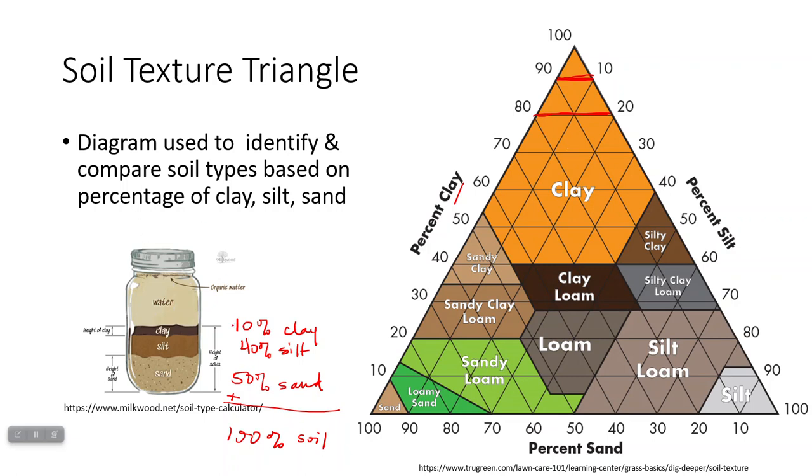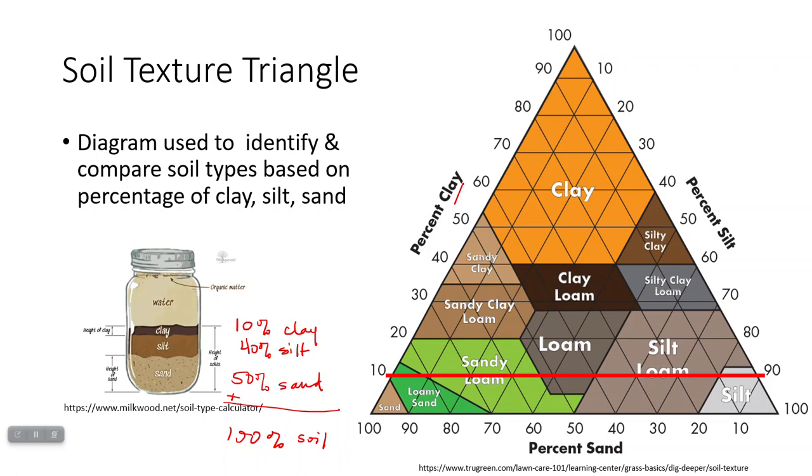And then I am going to erase that because we're going to now look at what happens when we chart out the numbers that we came up with. So the amount of clay that we have is 10% clay. So I marked that first. So our soil type is going to be somewhere along this line. Now, how do we figure out where along this line it is?